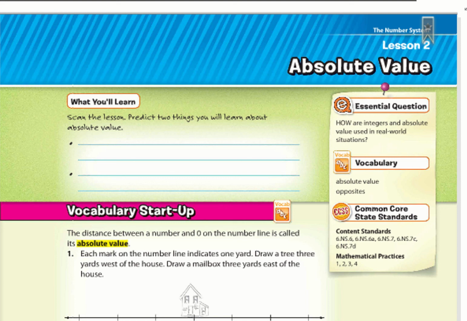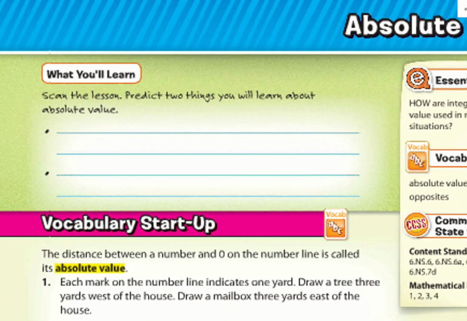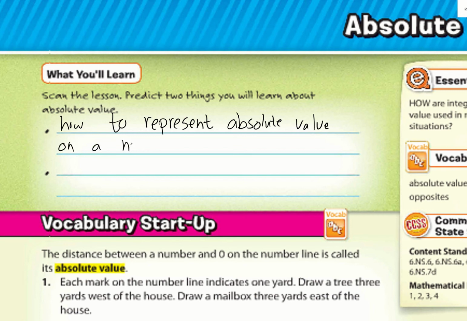This is Absolute Value, page 355 in your 6th grade math book. It's a scan the lesson, predict 2 things you'll learn about absolute value. We're going to learn how to represent absolute value on a number line.